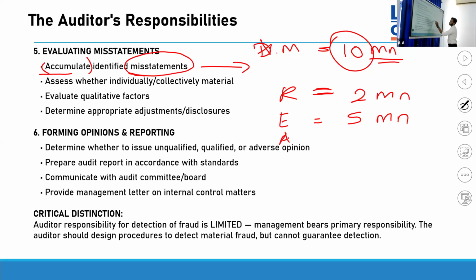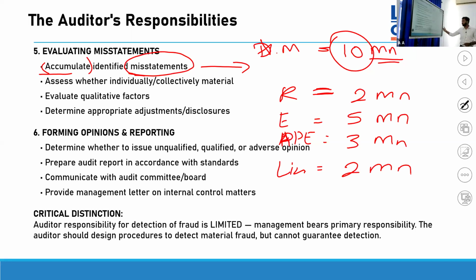And on the asset side, under PPE, there is a valuation misstatement of, let's say, another 3 million. And also under liability, there is a misstatement, let's say, our liability is understated by 2 million.